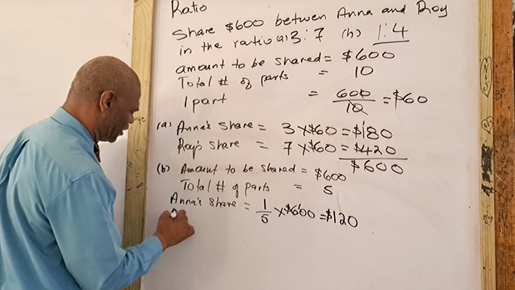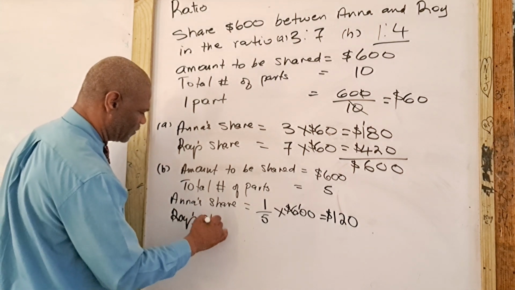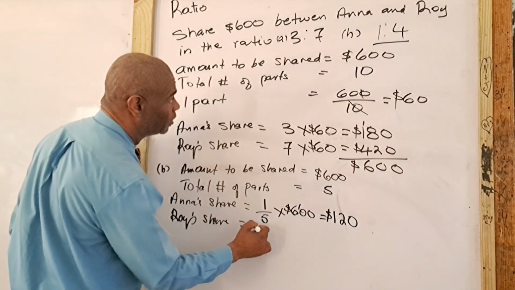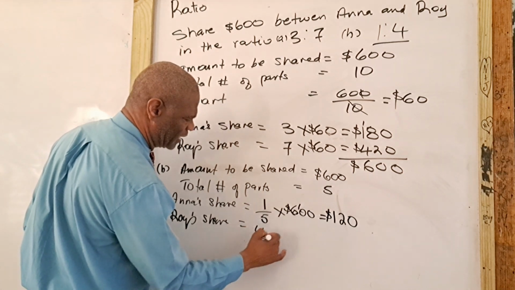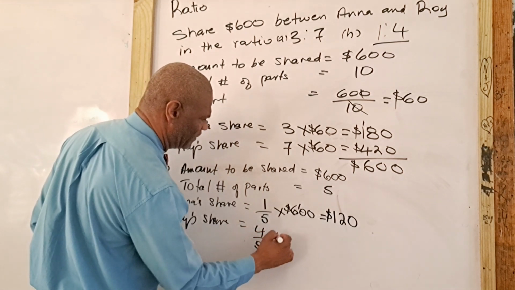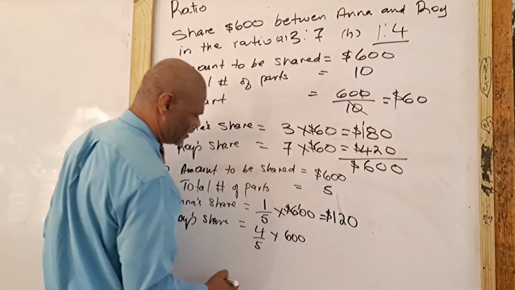And then Roy's share is equal to 4 out of 5, so that's 4/5 times 600. Right?